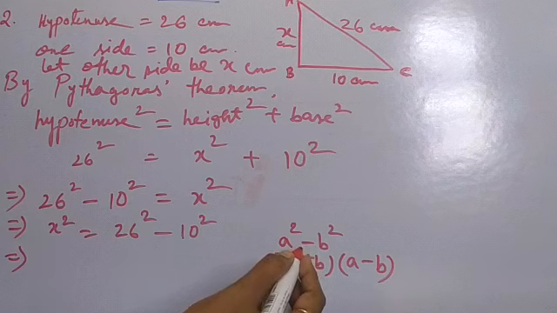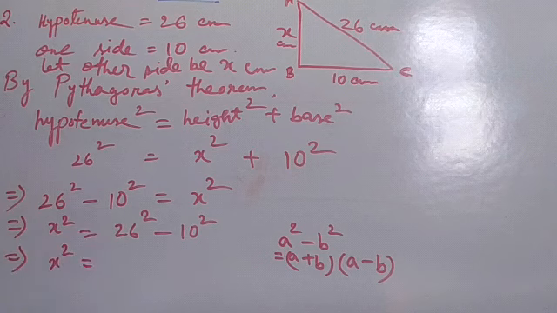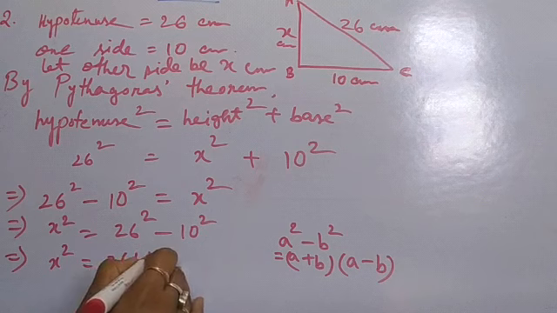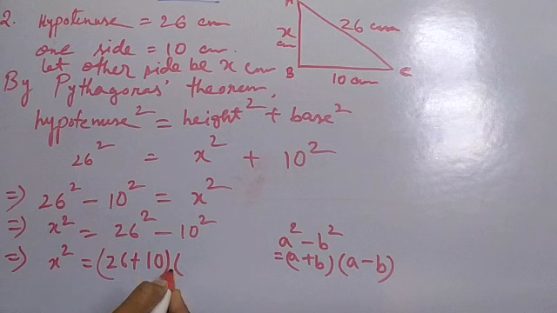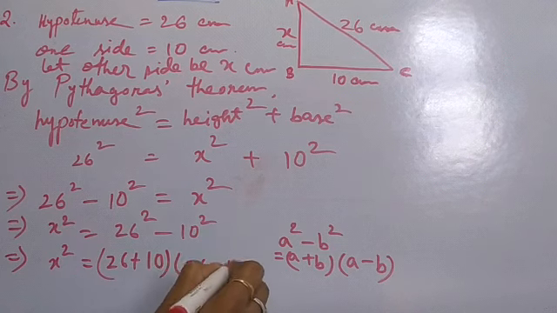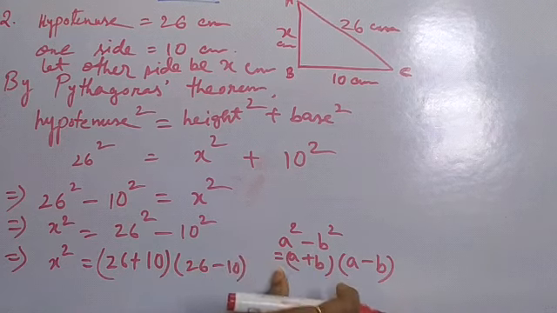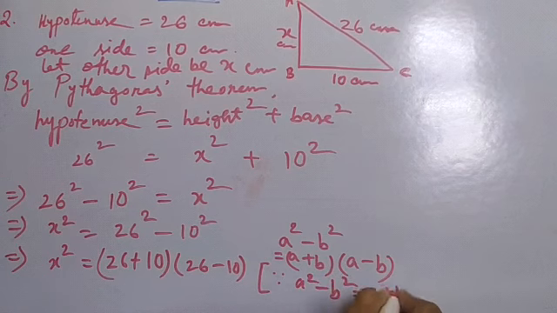If a square minus b square is given, that means x square equal to 26 plus 10 into 26 minus 10, since this formula, a square minus b square equal to a plus b into a minus b.